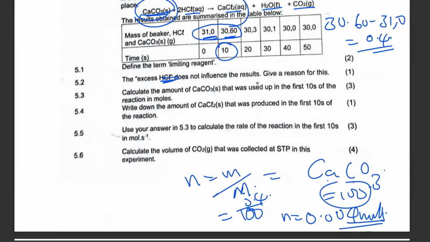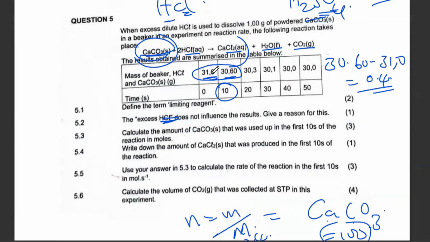Write down the amount of calcium chloride that was produced in the first 10 seconds in this reaction, meaning the number of moles of calcium chloride produced in the first 10 seconds.